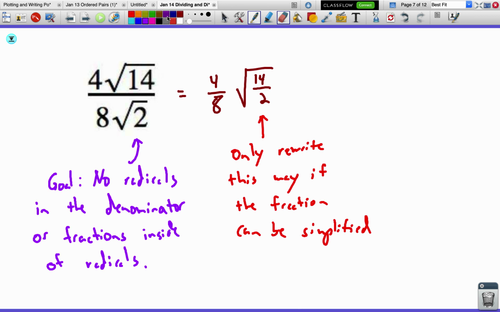All right, so if this didn't become a 7, we'd want to approach this a different way, which we'll talk about in a second. But that can become a 7, and then 4 over 8, that becomes a 1/2. So we've got 1/2 square root of 7, which we'll probably want to rewrite as square root of 7 over 2. Put that square root of 7 back on the top there.